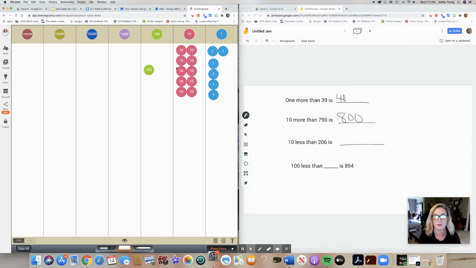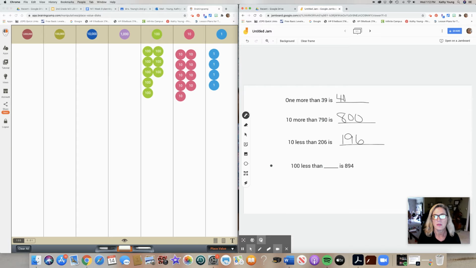I just need to change the way I do it so I can subtract something, because I can't subtract a 10 from 100. So I traded that 100 in for 10 tens, and I'm going to subtract a 10 from that. So now I can have my answer. I have 100, I have 90, and I have 6. So if you have a place that has a 0 that you need to take something away from, you need to take the place value that is larger than that and split it into 10 of those.